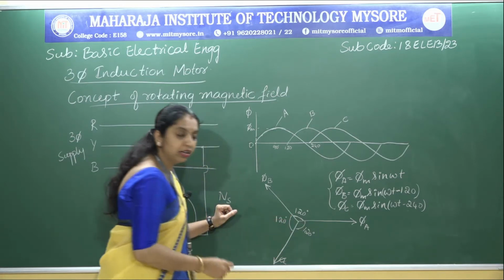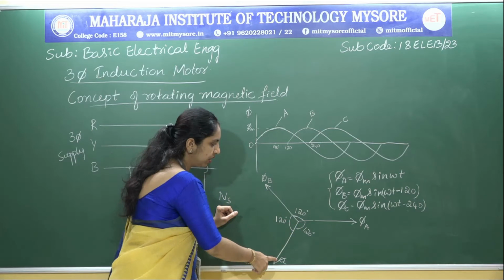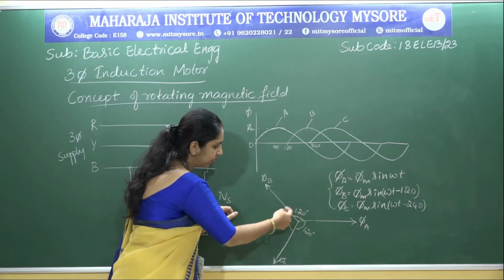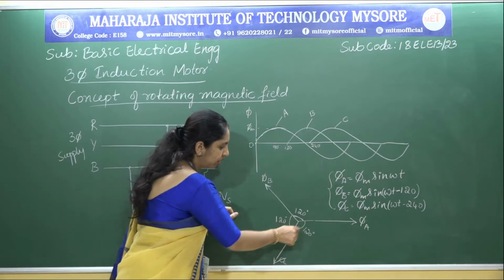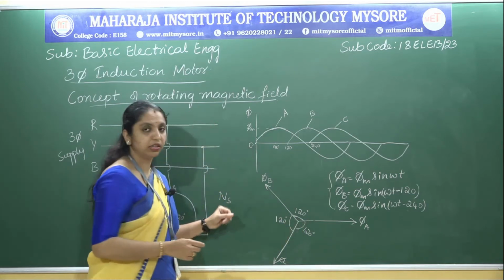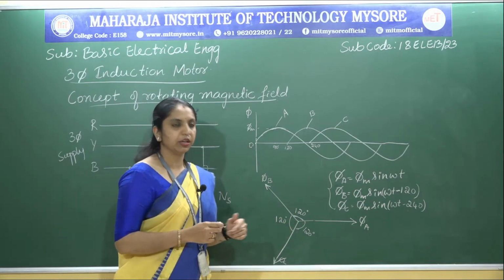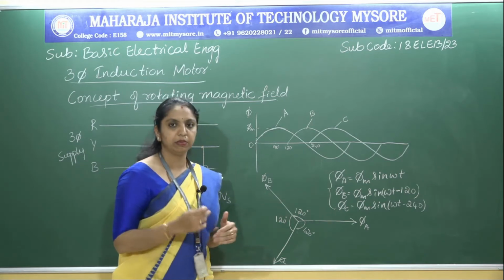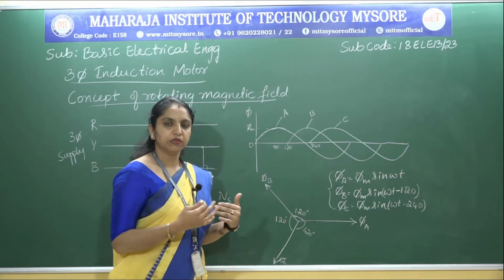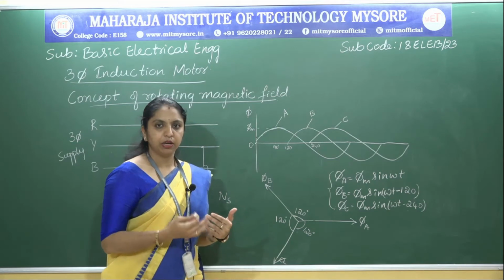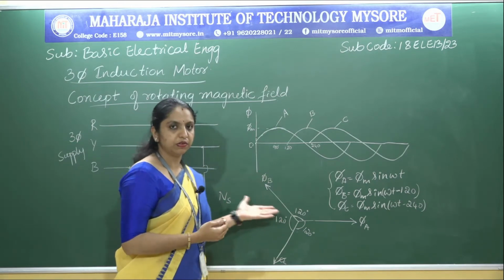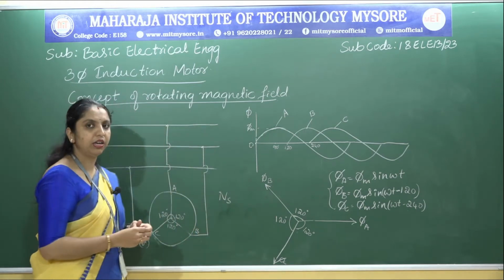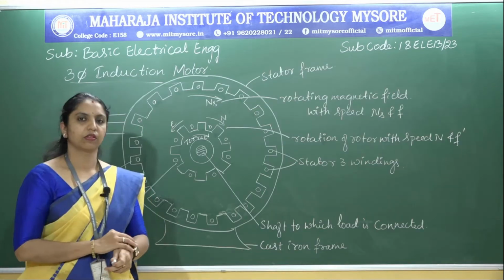The angle between phi A and phi C is 240 if we move in this direction, or 120 in this direction. That is why the phi C equation can be written as phi m sin omega t minus 240, or else phi m sin omega t plus 120. So this is the concept of rotating magnetic field.